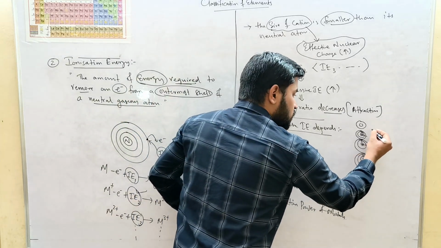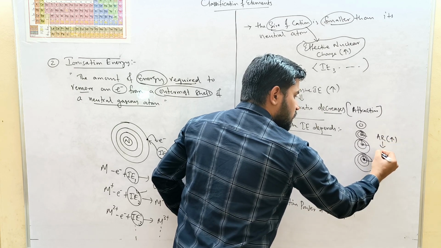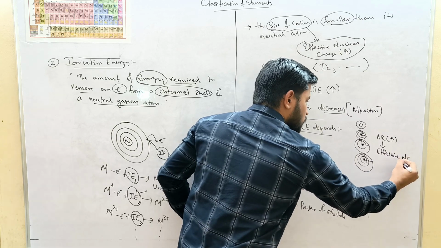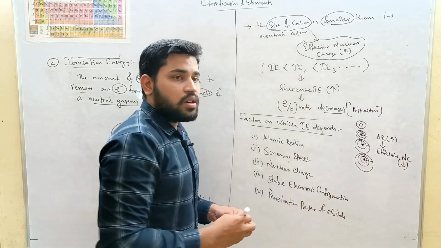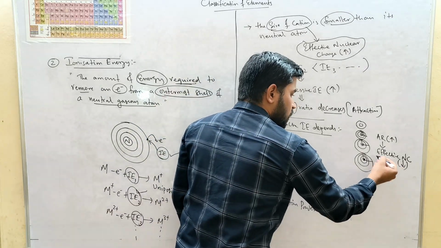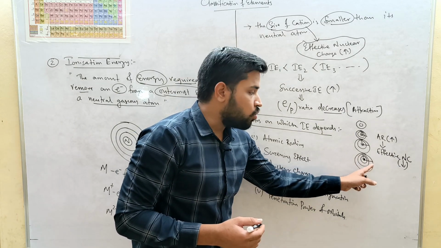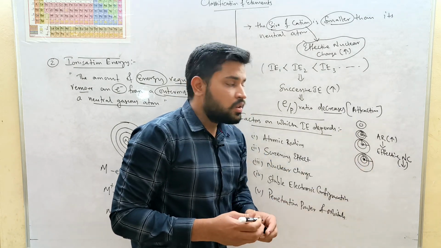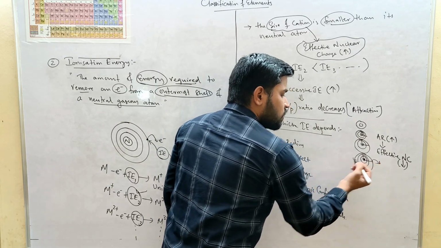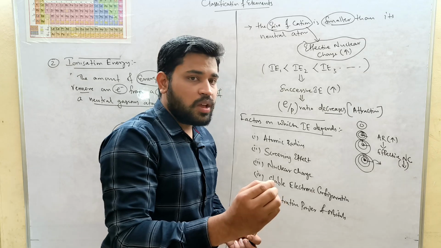So due to the increase in atomic radius, there will be a decrease in effective nuclear charge. Due to this reason, the electron is loosely held or loosely bound to the nucleus, so that the electron can be easily removed with less ionization energy, or with less supply of energy.